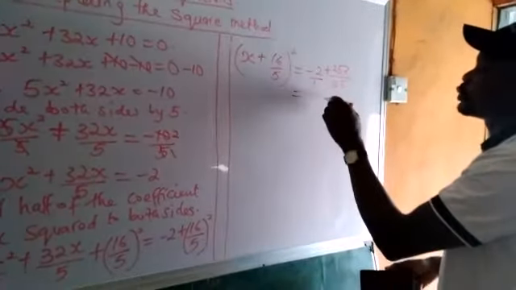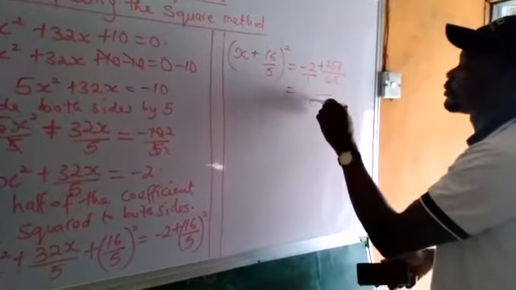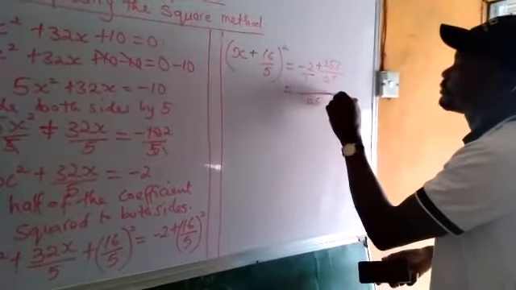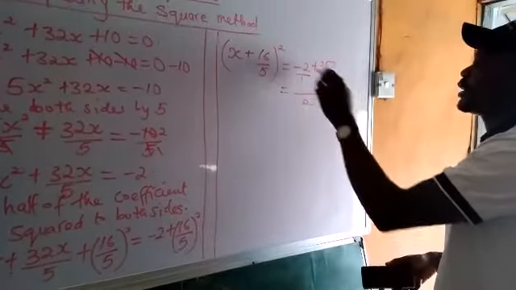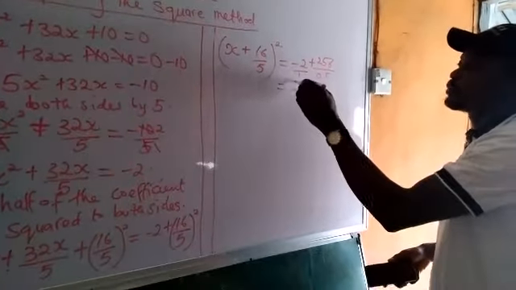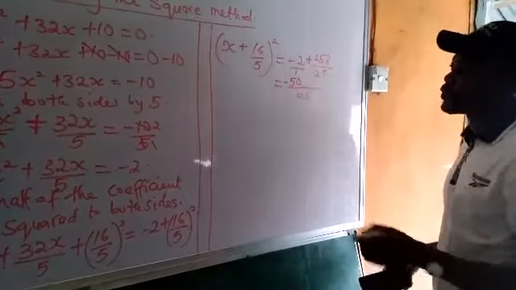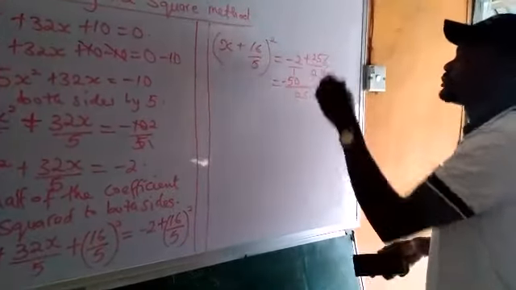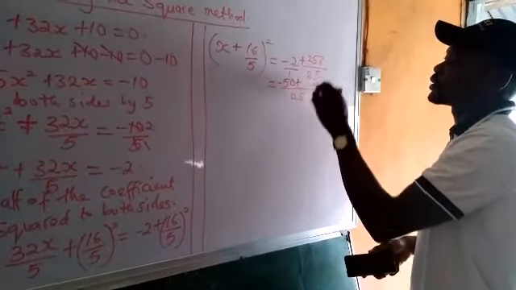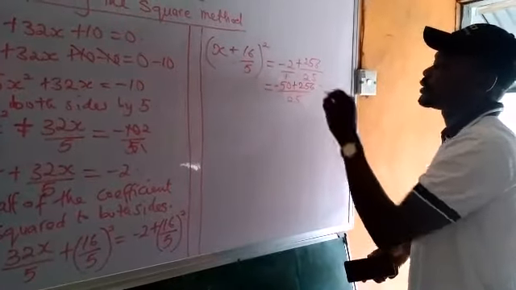If the LCM is 25, because 25 times 1 is 25, so we have 25 times minus 2, that will give us minus 50. 1 times this gives us plus 256.